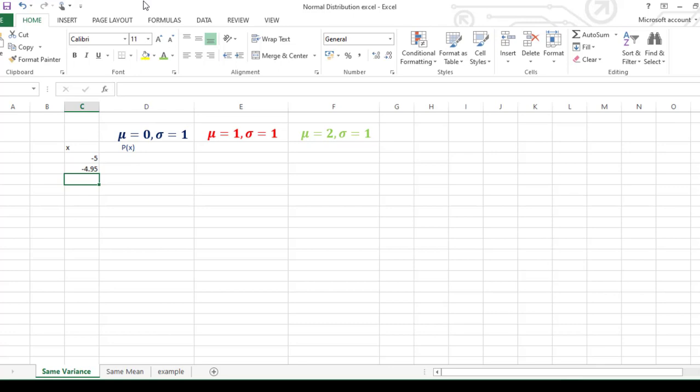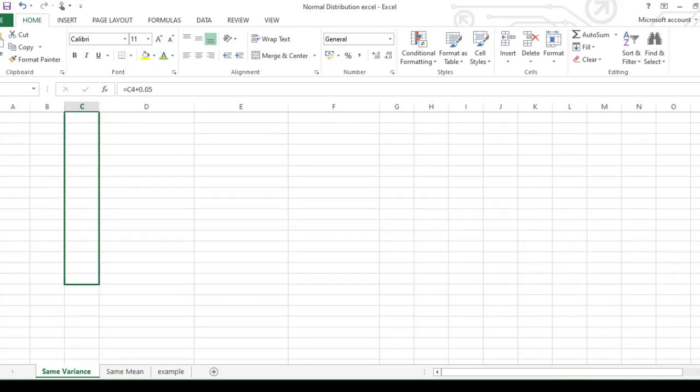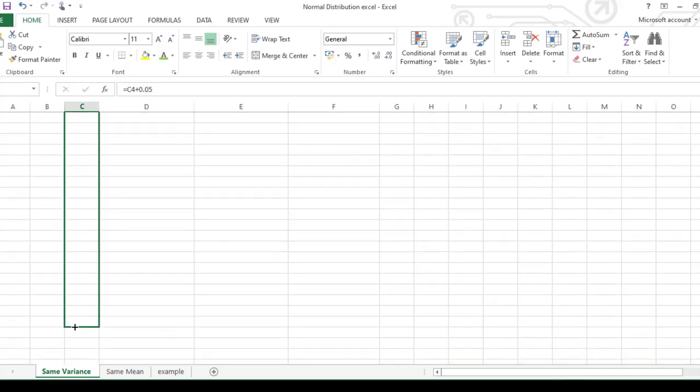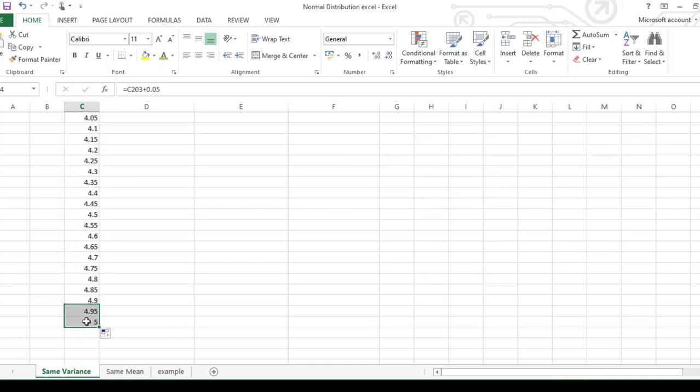Why am I doing this? I am doing this just to make the curve continuous in nature and to take the range of x from -5 to +5. So here we get +5 at the last.